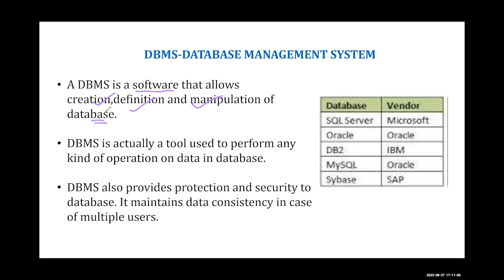So if I am able to create, define and manipulate a database using certain software, then I will call it a database management system. Like the name says, a management system with which I am managing the database is nothing but a database management system. So it is a software that allows creation, definition and manipulation of the database.